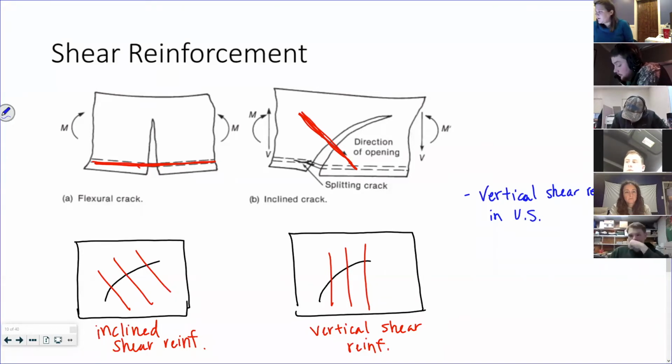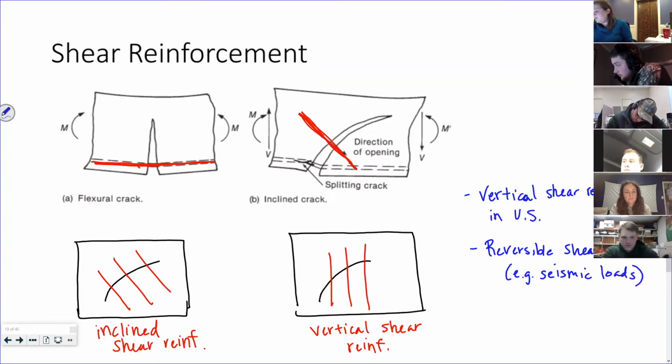And part of that reason is for reversible shears, like seismic. You don't just design your building for shear in one direction, you design it for shear in the other direction, for seismic things.